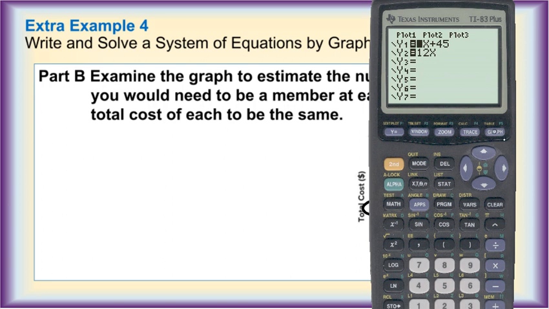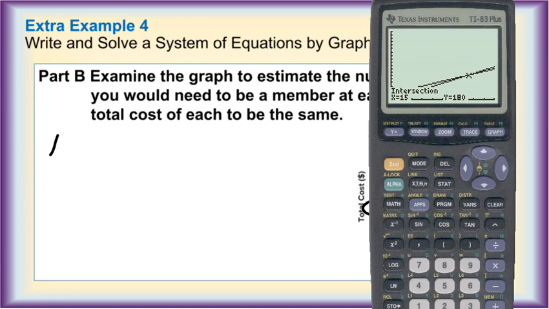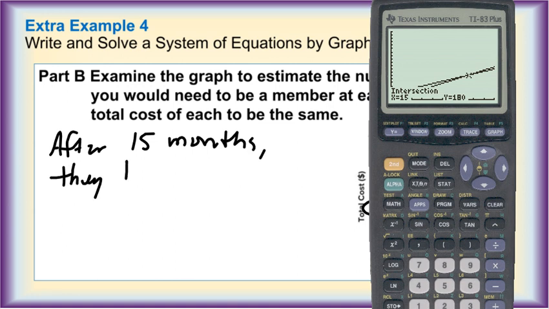So if we hit graph and we go to second trace, number 5, you can see first curve, hit enter, second curve, hit enter, guess, hit enter, 15 and 180. So that means after 15 months, they both will charge $180.